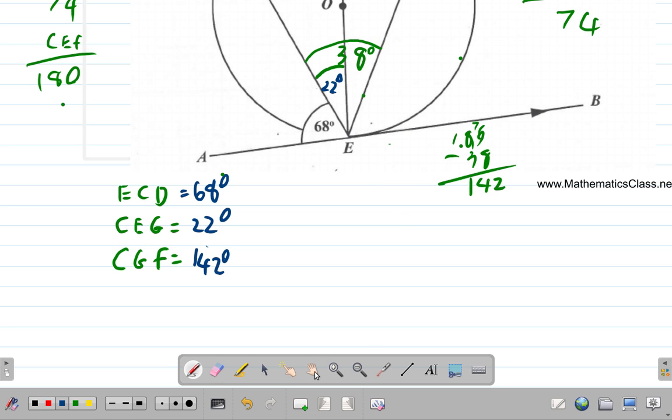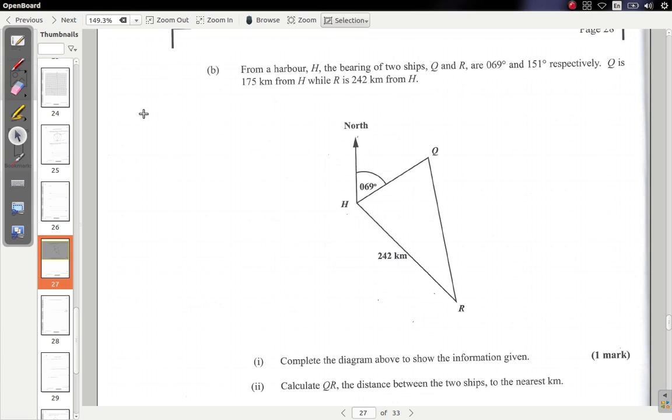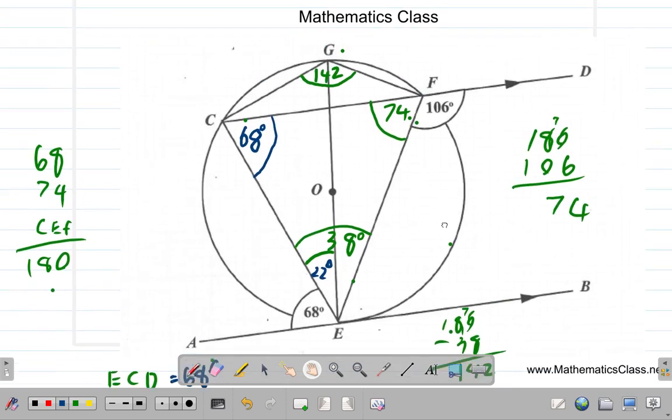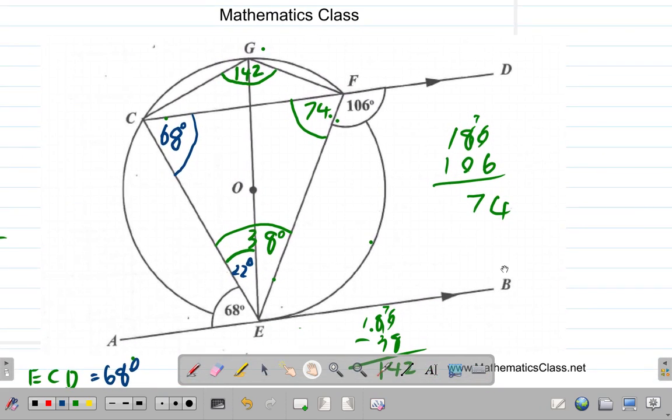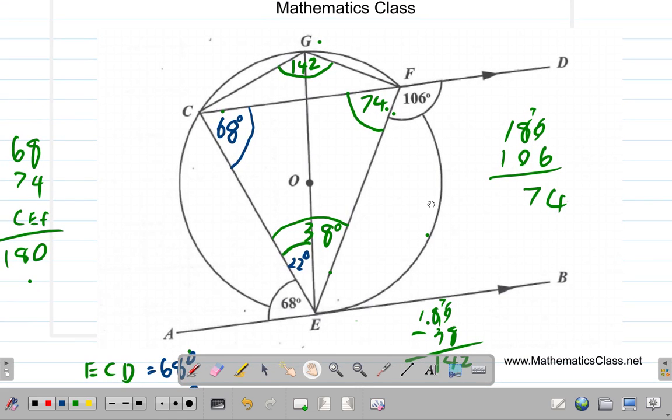Alright, so what I'm going to do is just copy the work so far. Let me copy and paste it over here, so let me erase the board.